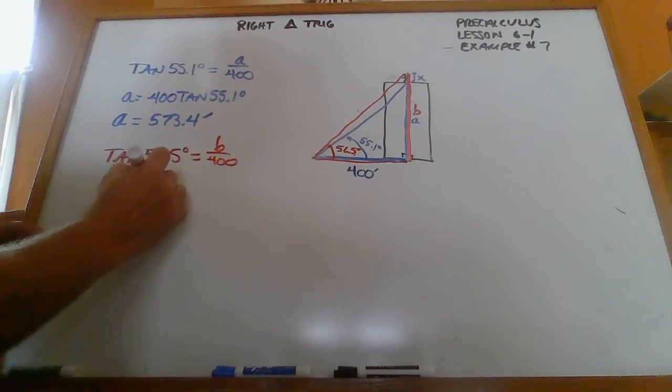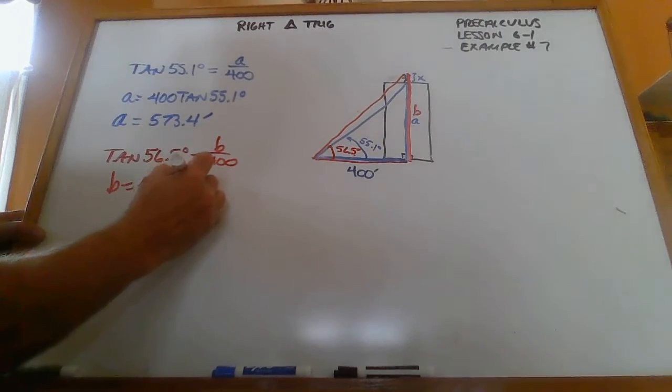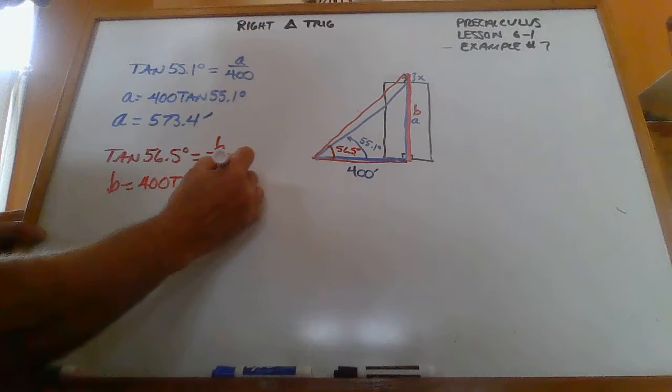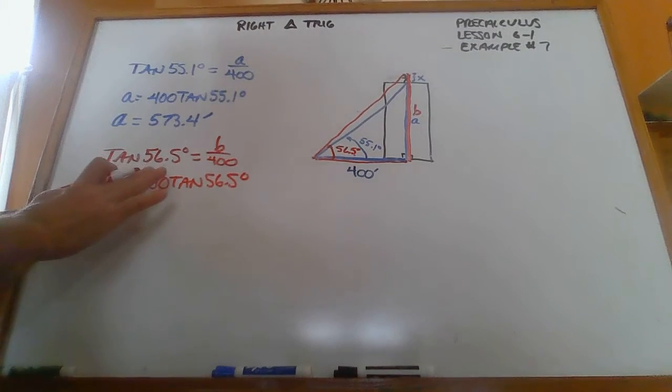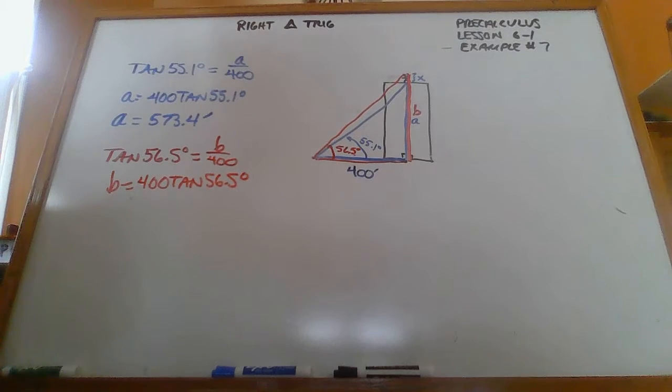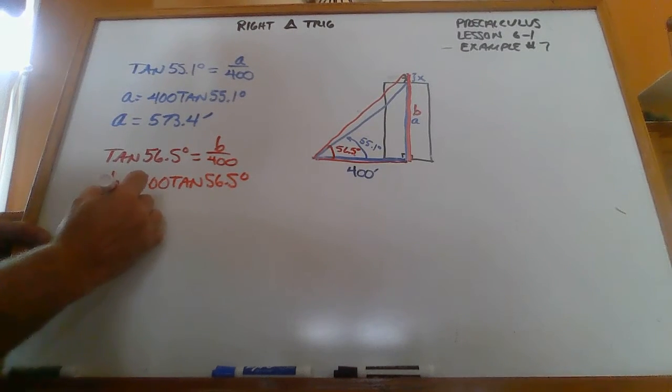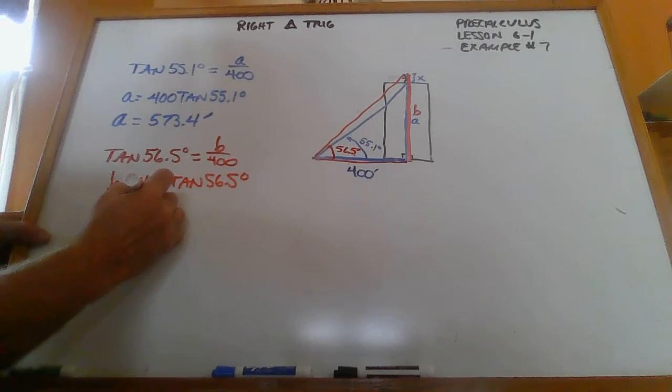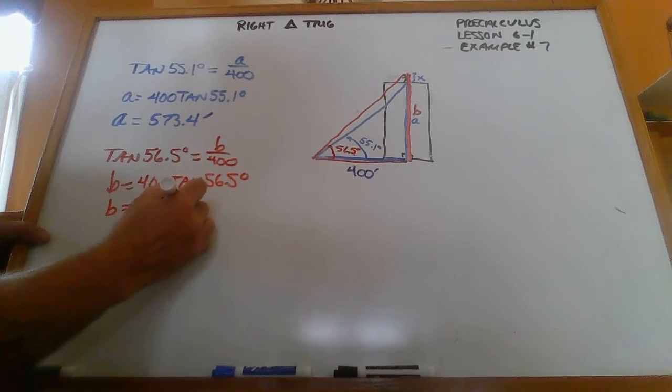And then I would multiply both sides by 400. So I get this. It's not very good. And then I just get out my calculator and multiply that out, and B comes out to be about 604.3 feet.